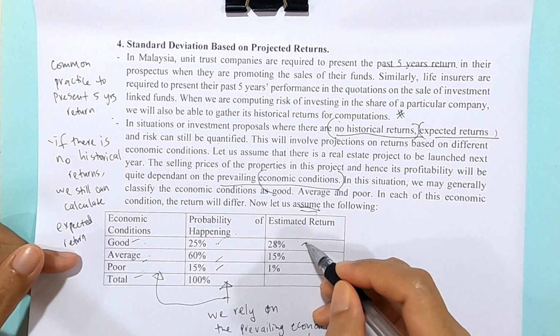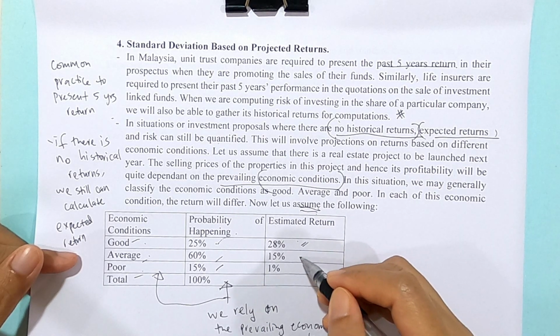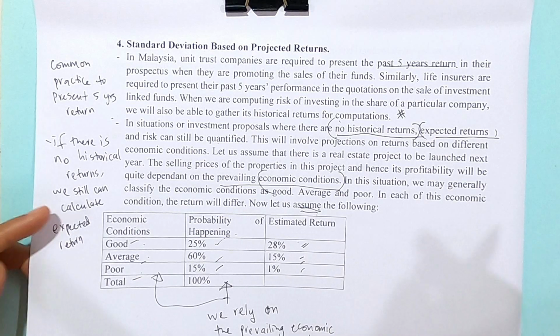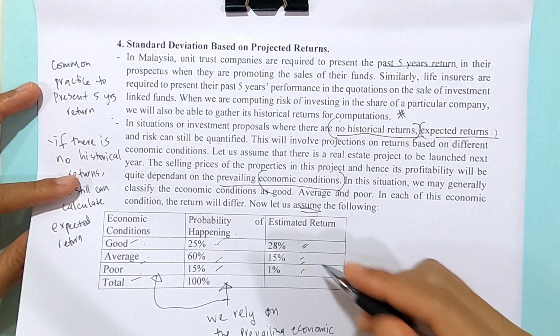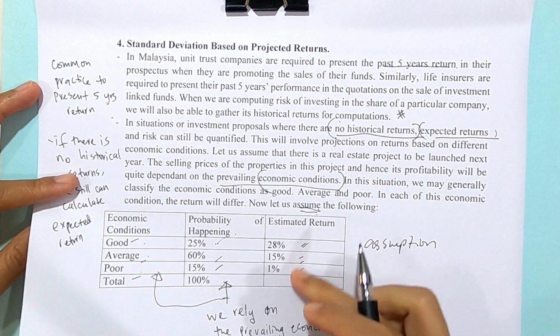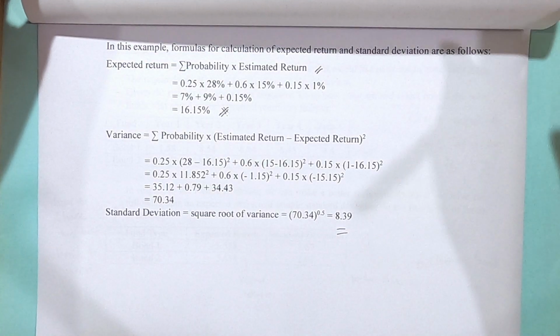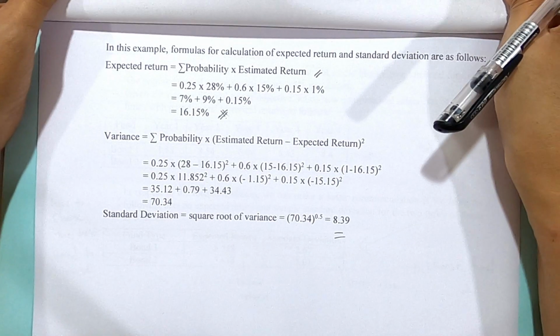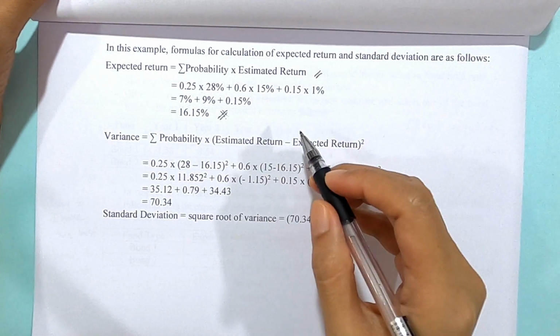Then we can also assume the estimated return of that particular investment. After this, by using assumptions to create this table, we can calculate the expected return, variance, as well as the standard deviation.